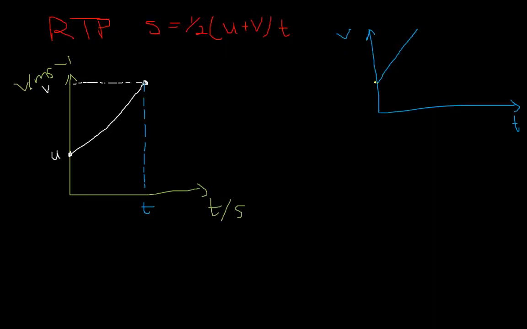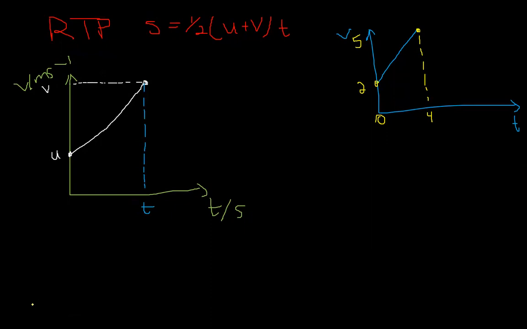That I'm starting with a velocity of 2 and I'm ending with a velocity of 5. Obviously, at the origin, t would be equal to 0 seconds. But then at this point here, it's 4. So what does that mean? From this point to this point, it took me 4 seconds.